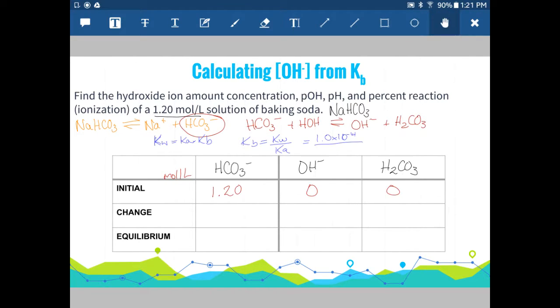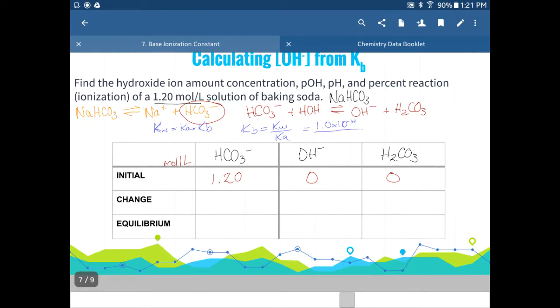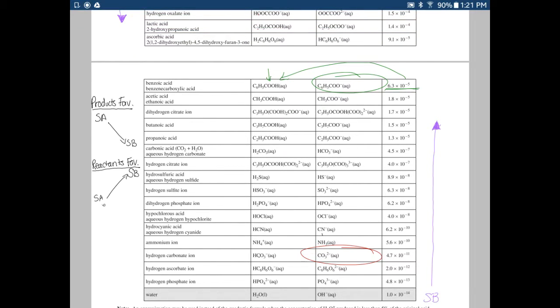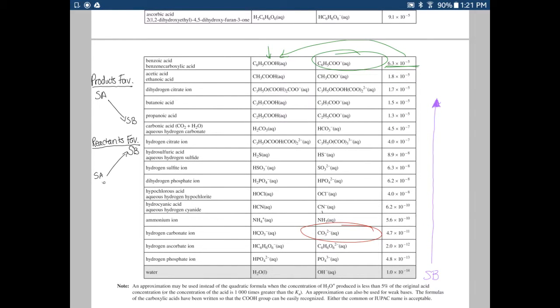Now if we take a look back at our data booklet, here we go, and we are going to look to find the Ka of our hydrogen carbonate ion.